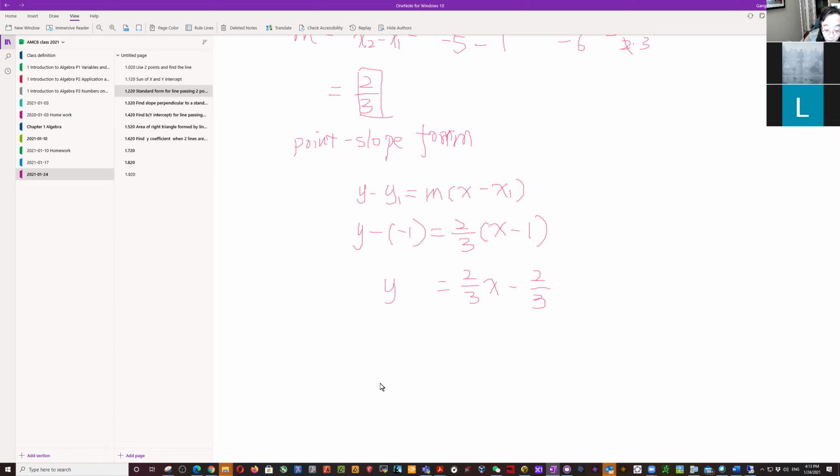We have to subtract 1 on both sides, so we move this +1 to the other side, and it becomes -1. So y equals 2/3 x, and 2/3 minus 1 is going to be -1/3. So this is the answer.